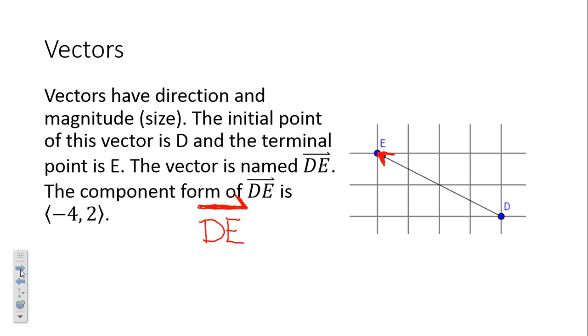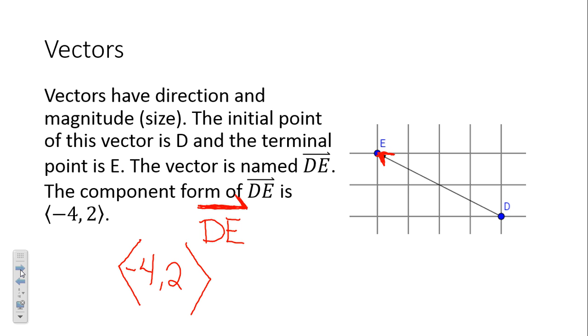It looks like a less than symbol and a greater than symbol, but they're actually pointy brackets. So -4, 2 is the component form of vector DE.